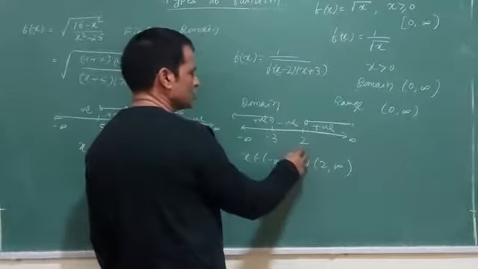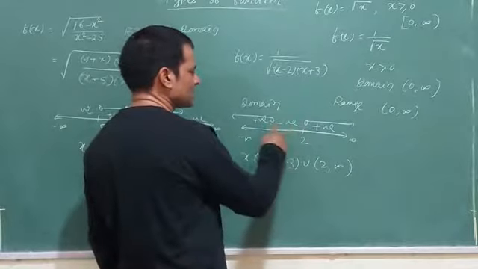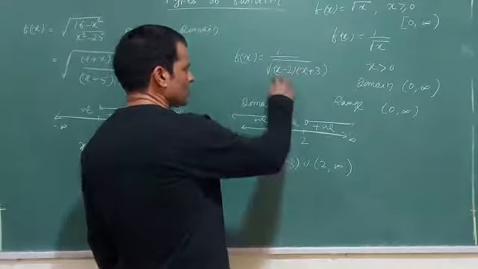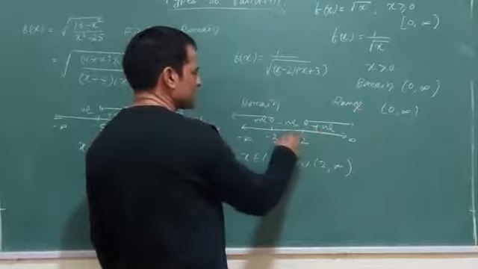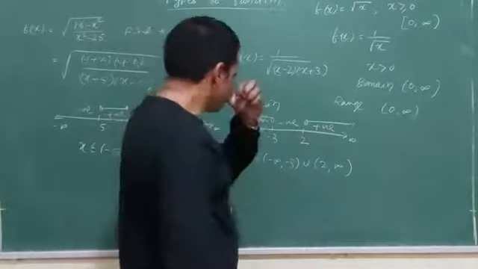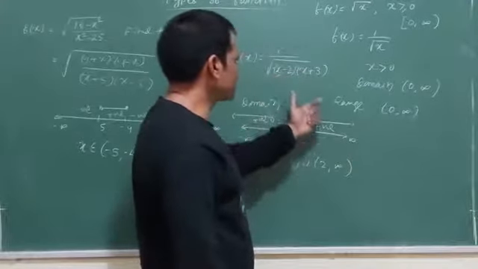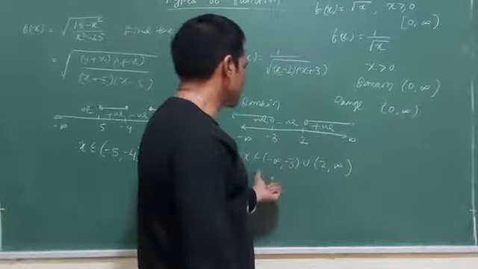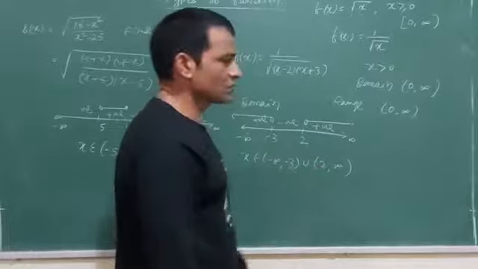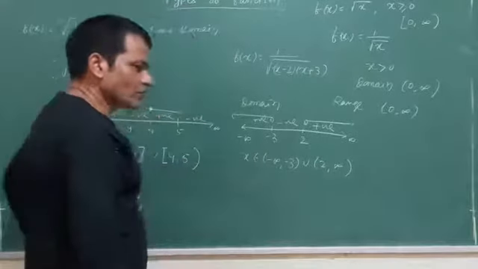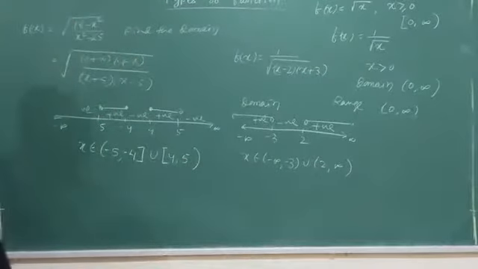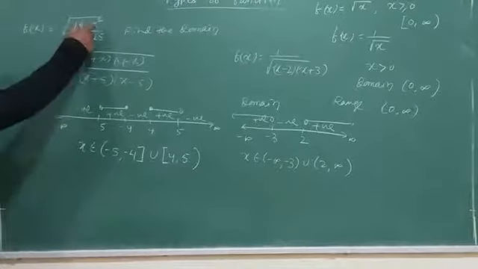So minus 3 and 2, open interval. All the x coefficients are positive, so it is positive, negative and positive. How come it is positive? Take a value from 2 to infinity, that's 3: 3 minus 2 is positive, 3 plus 3 is positive. So it is positive, negative and positive. I will go to the positive part, that's my solution. This is my domain.